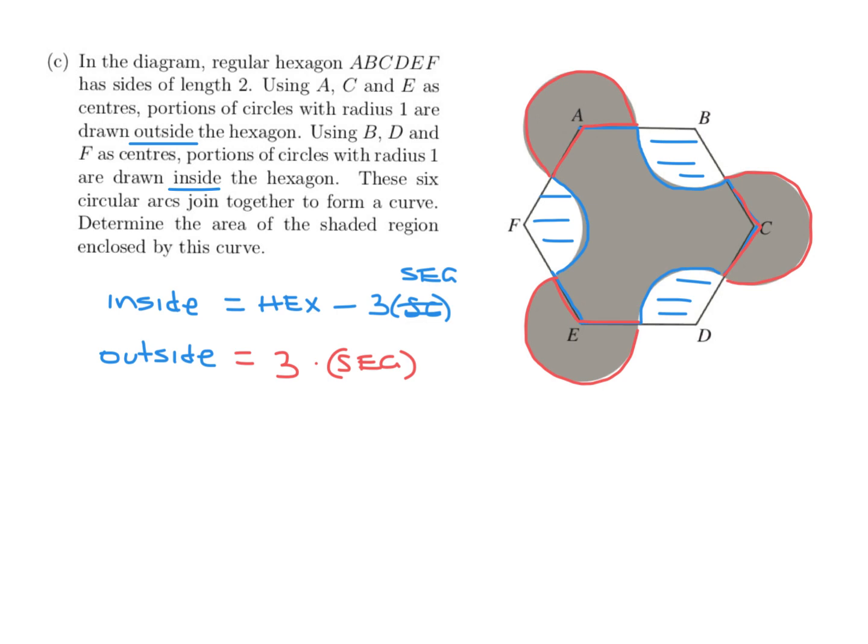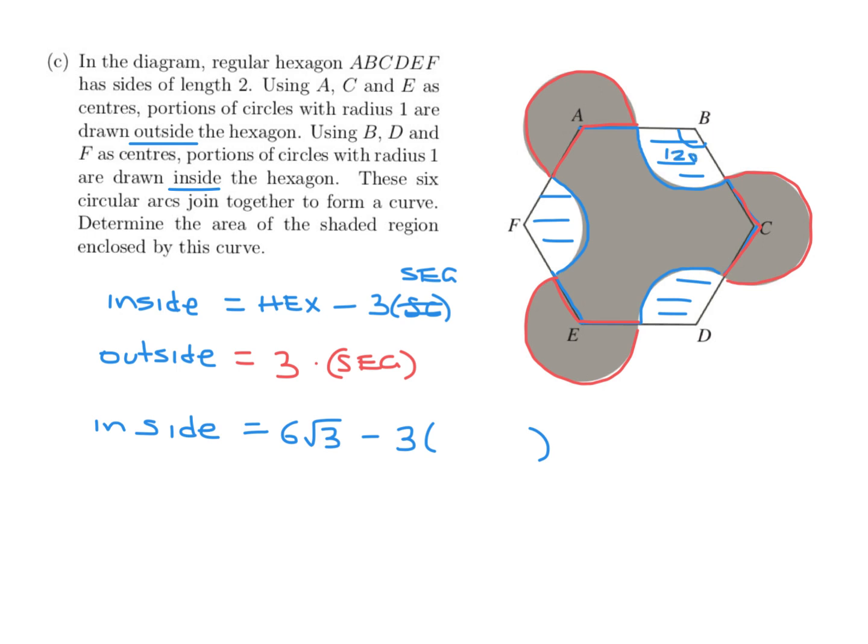The area of the hexagon, I believe we just did in the previous question, if I'm not mistaken, right? That was 6 root 3, I believe. Yeah. And then 3 times these segments. Now, these segments are obviously portions of a circle. And also, if I recall, I told you that angle was 120. We calculated that.